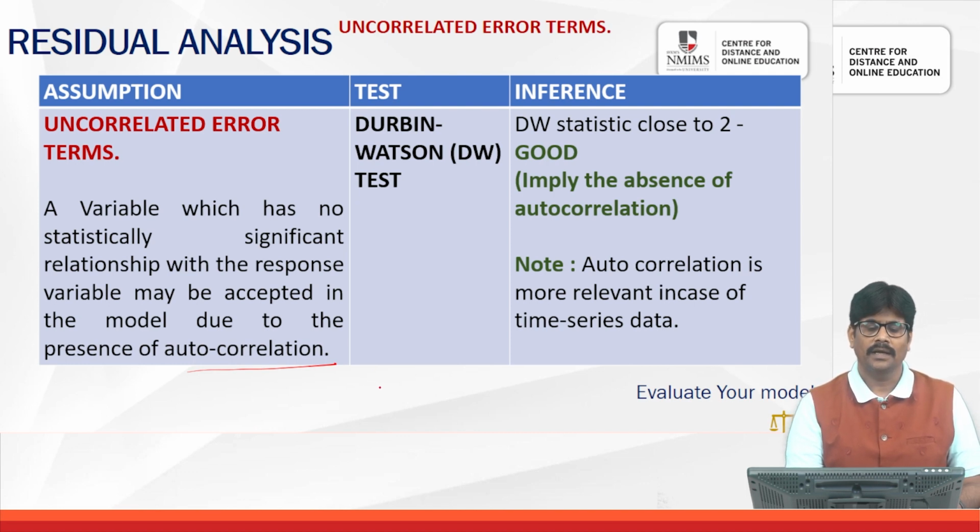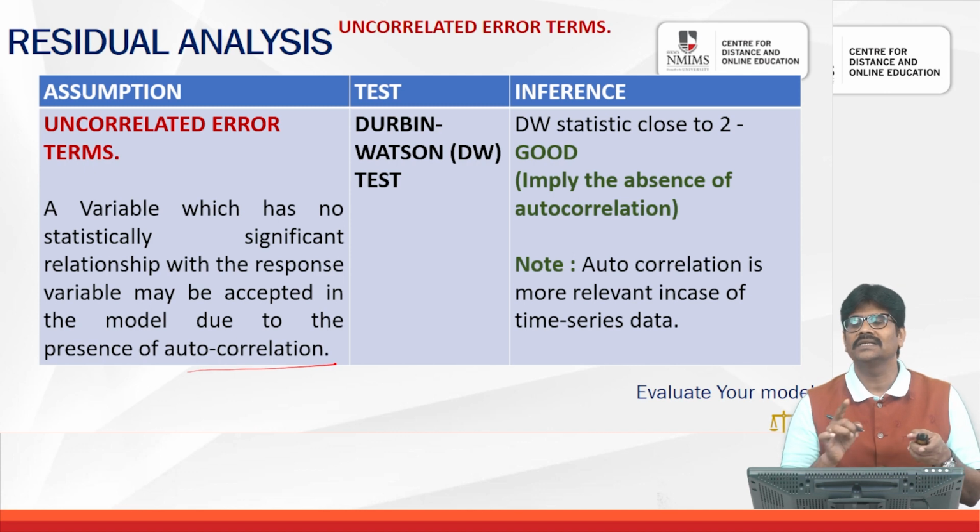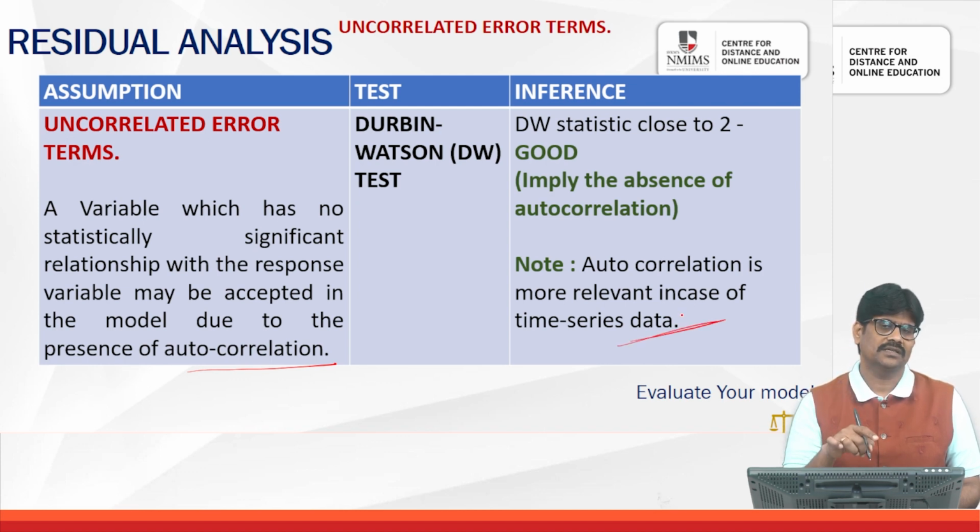If the occurrence of one error influences the occurrence of another error, then these errors are correlated, which we call autocorrelation. Autocorrelation is more relevant in terms of time series data, but in terms of error assumptions we need to check for it. How do we check for it without getting into the technicality or formula part of it? We have something called the Durbin-Watson test.